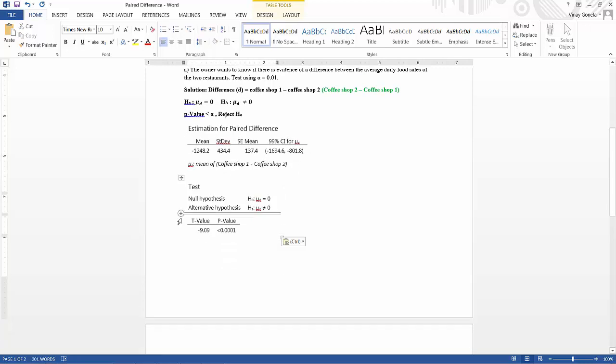As we discussed, the test says the p-value is less than 0.0001. So here if you see, the p-value is less than alpha, so we reject H null.